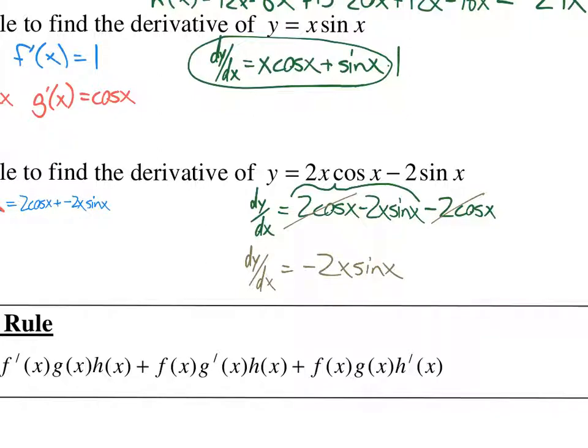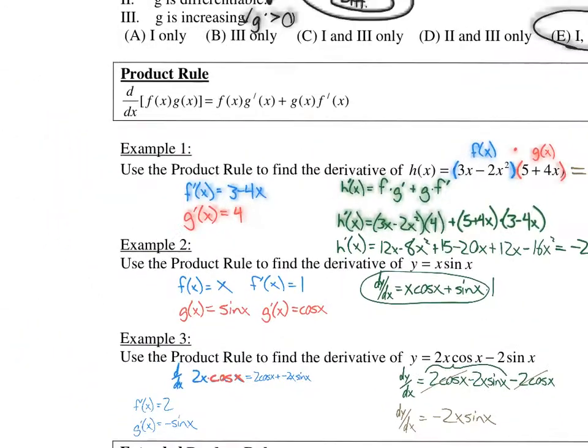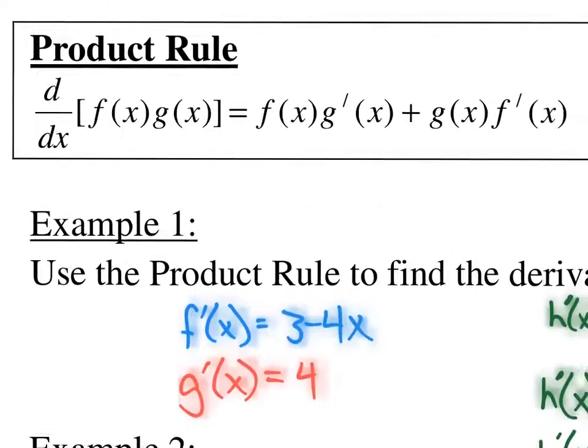Now, the cool thing here is that this also can be extended to account for things with 3 things multiplied. Alright? Now, I told you up here that the product rule is just the product of the 2 functions where one is differentiated plus the product of the 2 where the other one is differentiated.